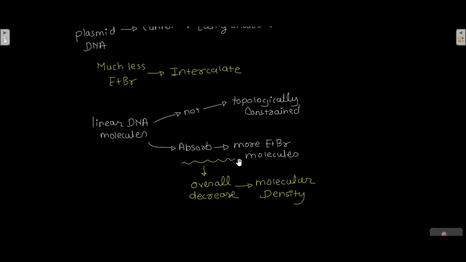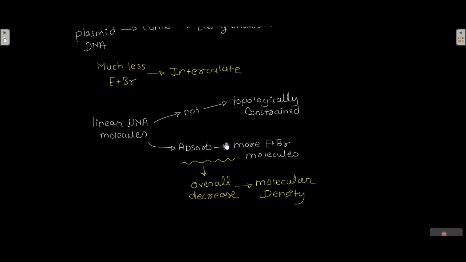So that's all for this CsCl gradient, CsCl buoyant density gradient centrifugation in the presence of the intercalating dye EtBr. EtBr will reduce the density of your chromosomal DNA. It will not reduce the density of the plasmid DNA.